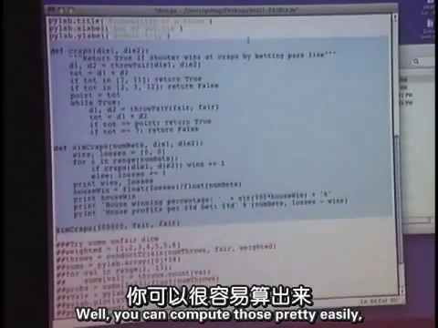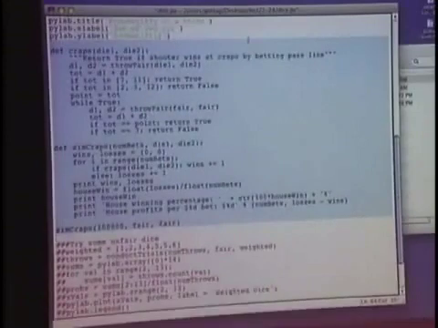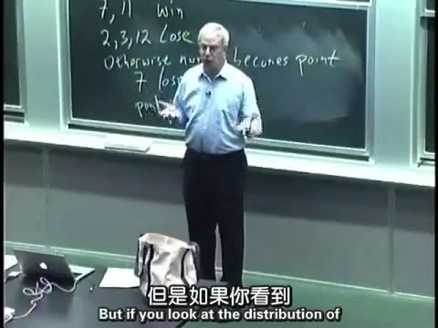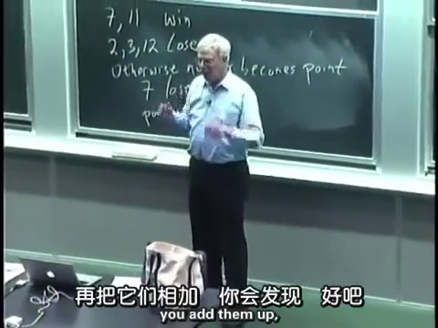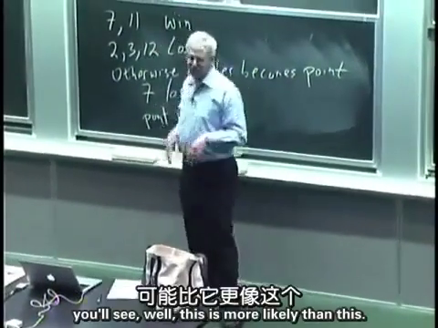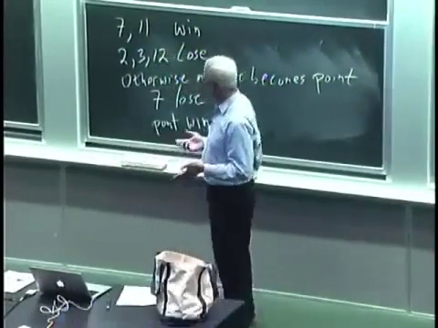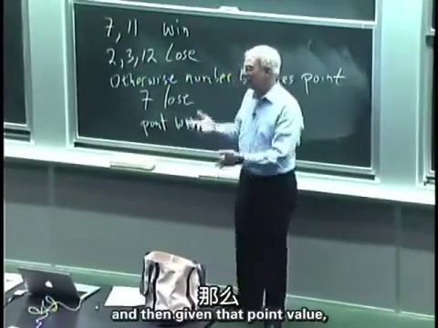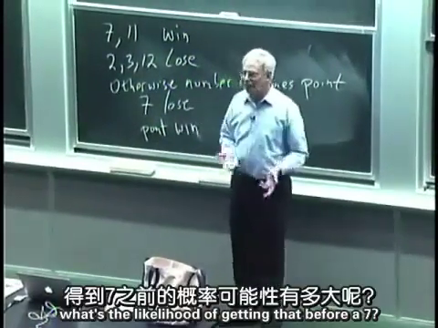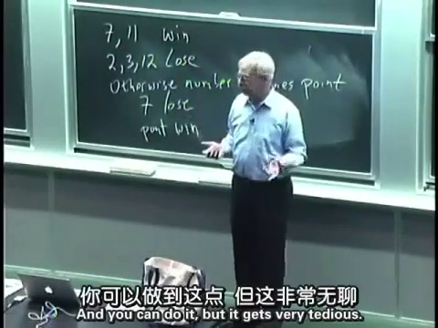Well, you can compute those pretty easily, and you can see that you'd actually win more than you'd lose on the first throw. But if you look at the distributions of 7s and 11s and 2s, 3s, and 12s, you add them up, you'll see, well, all right, this is more likely than this. But then you say, suppose I don't get those, what's the likelihood of getting each other possible point value? And then given that point value, what's the likelihood of getting that before a 7? And you can do it, but it gets very tedious.